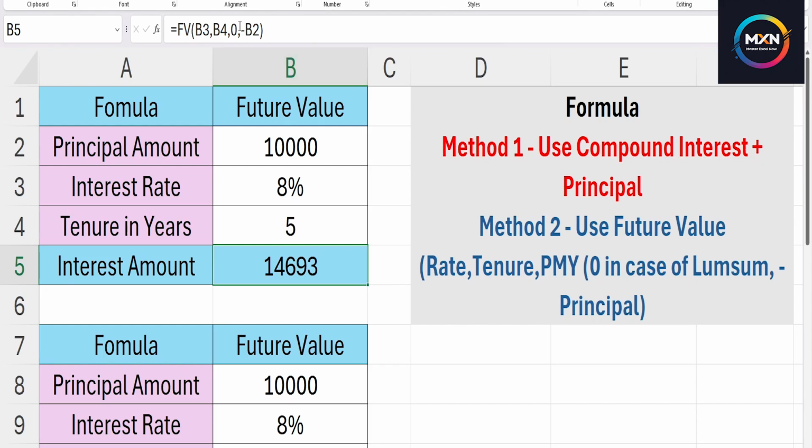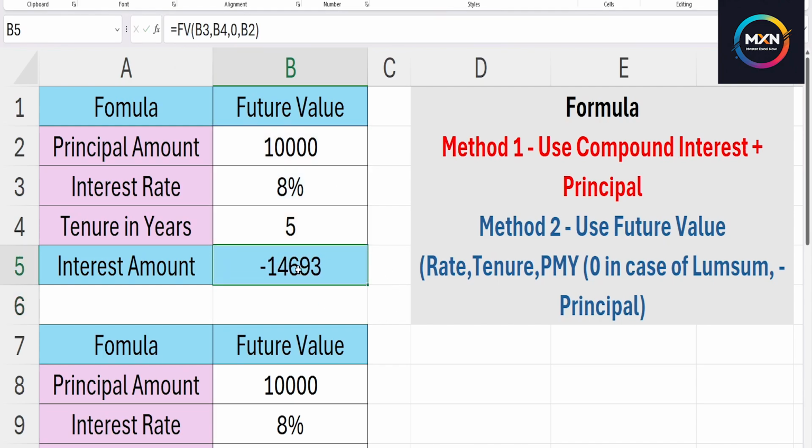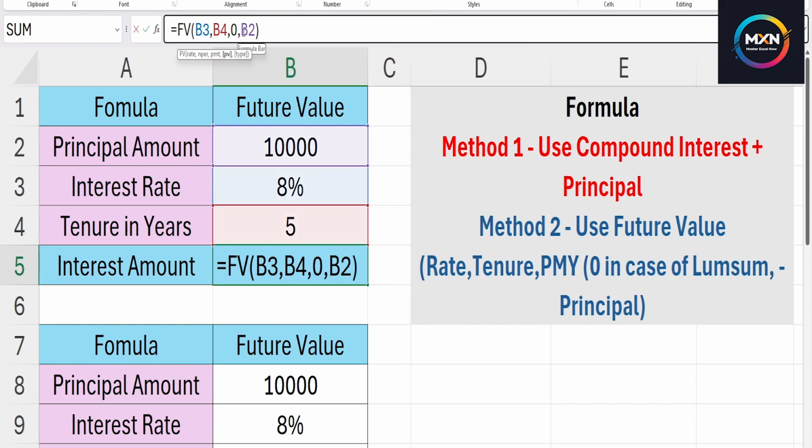However, let me give you the example that I was sharing right now. If I don't do a minus B2, so I just say B2, see, it gives me a negative value because then it does not factor in the investment, which is a ledger, credit and debit concept. So here we say minus B2.